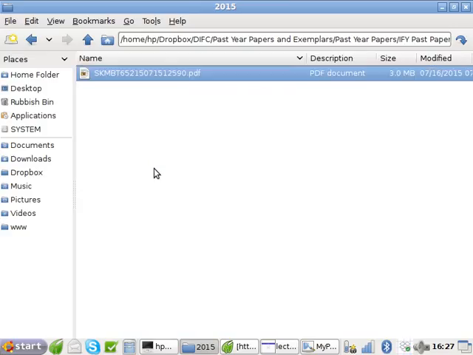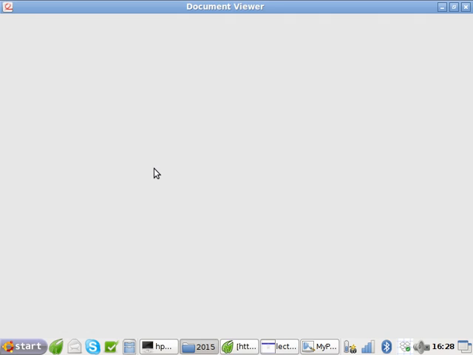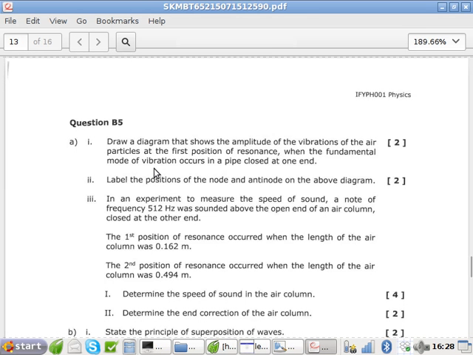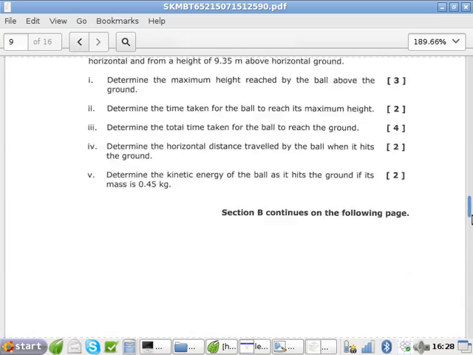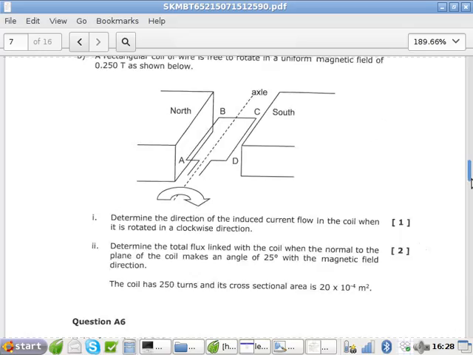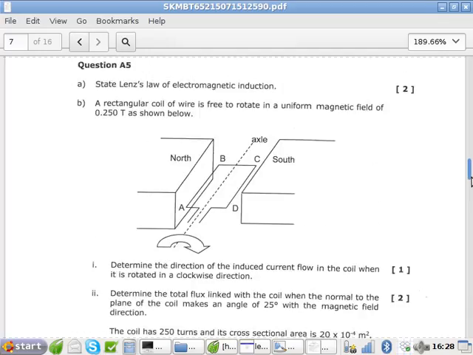Let me see what they asked last year for the induction, if they did ask an induction one. Induction doesn't come up every year. The next topic we'll do, the transformers, come up a lot. There we go. There is a fairly straightforward question.